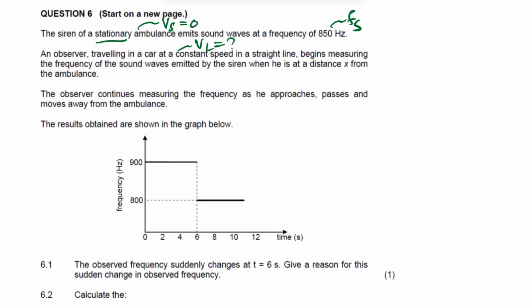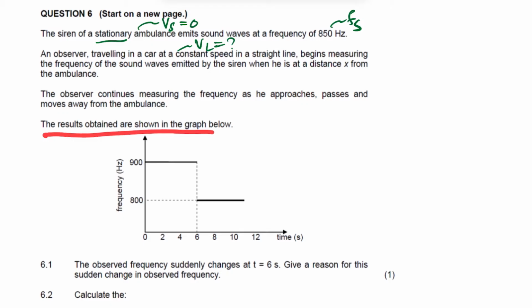So it is the listener in the car that observes, moving towards the source in this case. So it's traveling at constant speed. It started to measure the frequency at a distance x from the ambulance. The observer continued measuring the frequency as it approaches, passes, and then moves away from the ambulance.